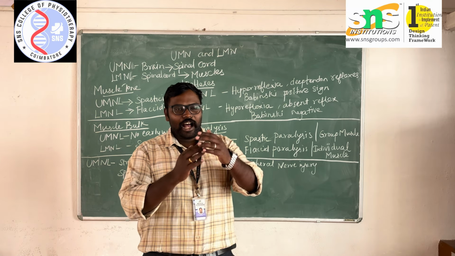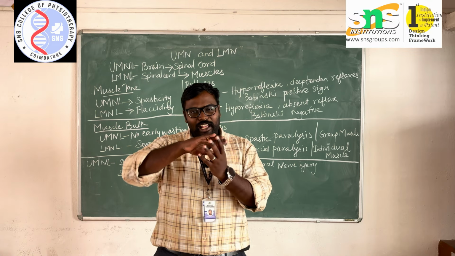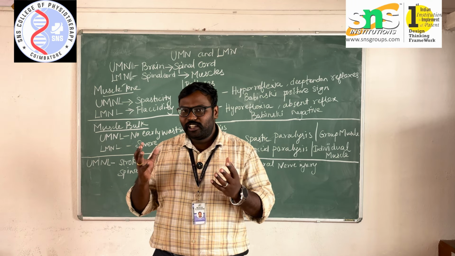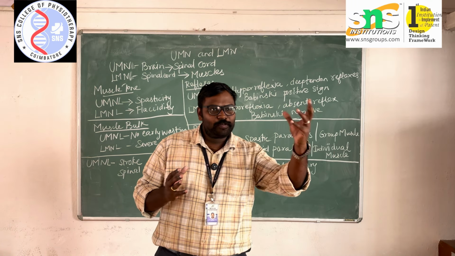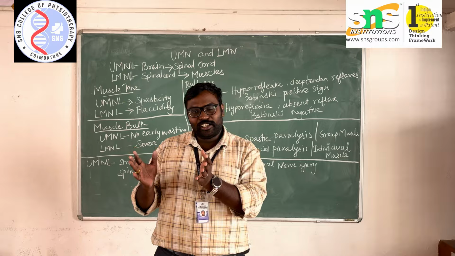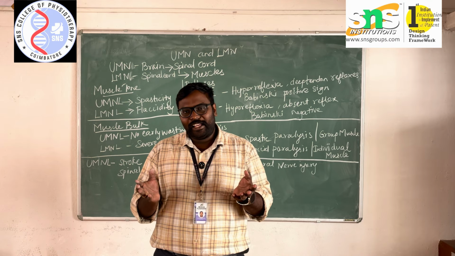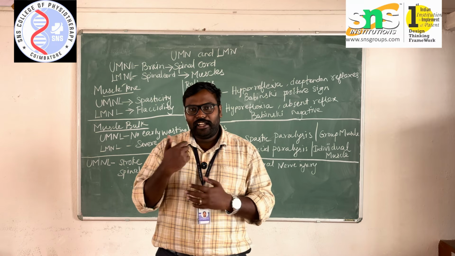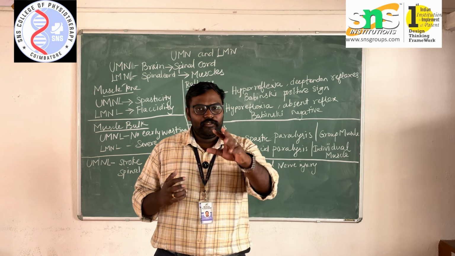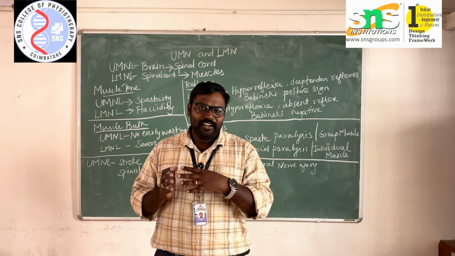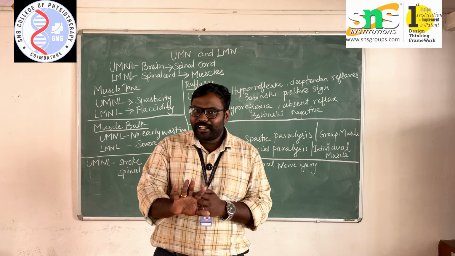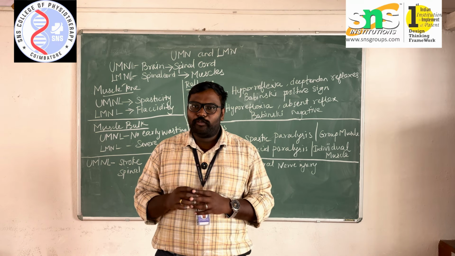The area which is away from the brain surface or the spinal cord surface is considered the lower motor neuron. Any disease or injury in this area is referred to as an LMN lesion.